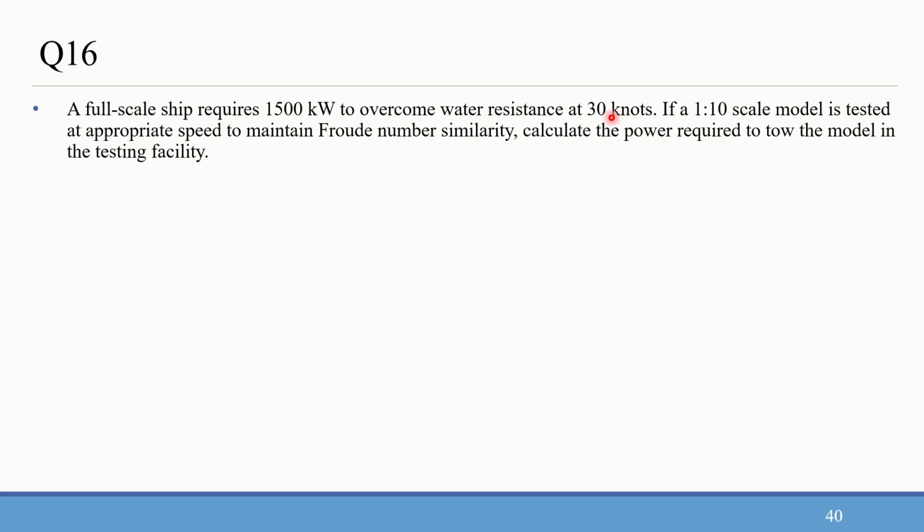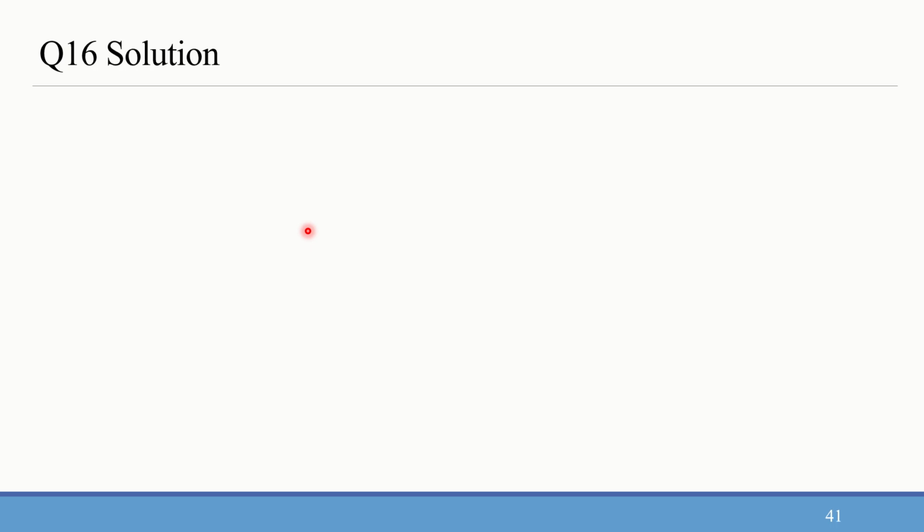If a 1:10 scale model is tested at appropriate speed to maintain Froude number similarity, calculate the power required to tow the model in the testing facility. So in this question, we are asked to use the Froude number similarity, and the scale is given as 1:10. We'll see what to do.